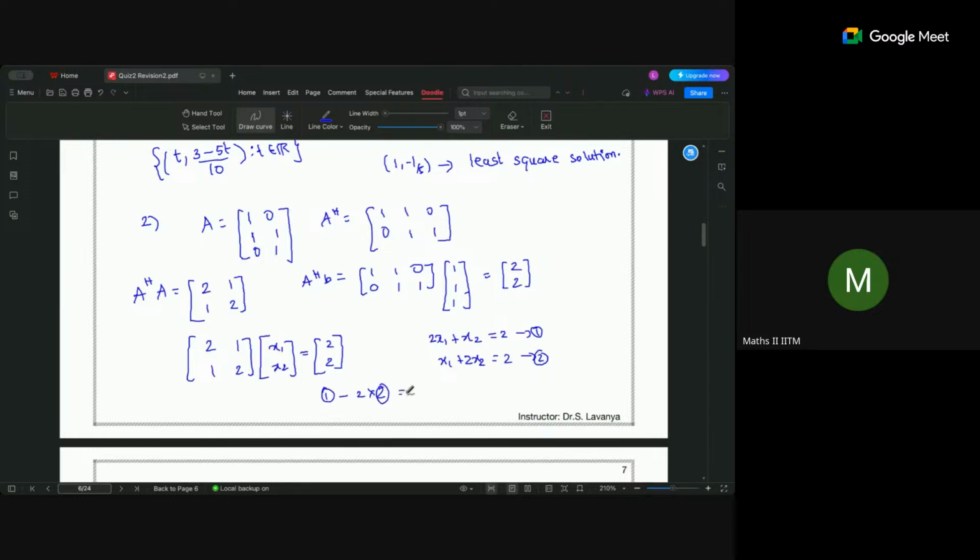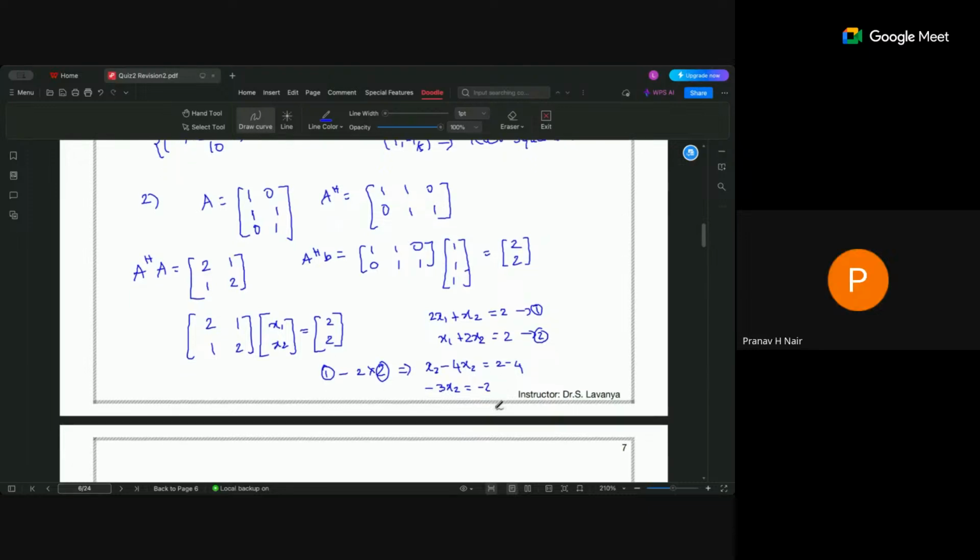If you do this, what will you get? You will get x2 minus 4x2 equal to 2 minus 4. So you get minus 3x2 equal to minus 2. Is that correct? Yes, ma'am.